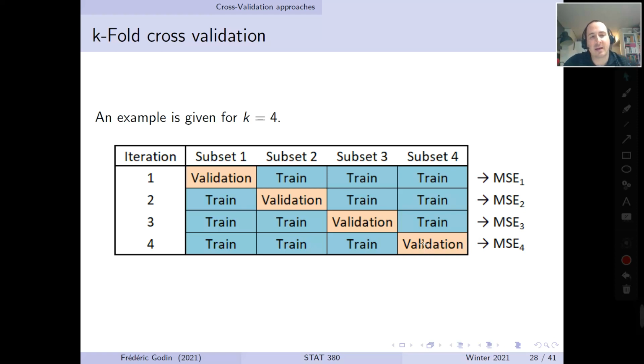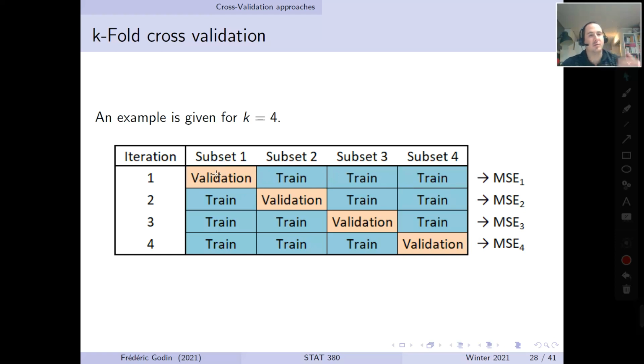And what happens here is that for every iteration, the prediction errors made on the subset in orange here are really out of sample, because when we make predictions for these observations, the model is trained only on other subsets that are distinct from this one. So it only uses responses from the other subsets to make predictions.